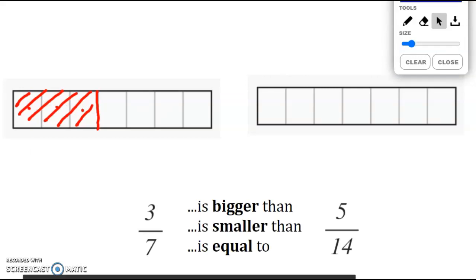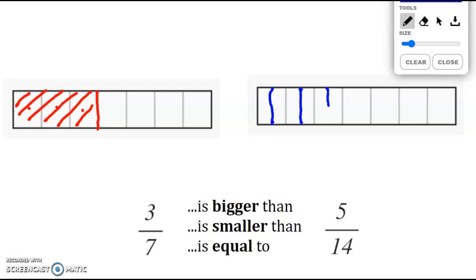To figure out what 5/14 looks like, I need to divide this into 14 parts. That means I have 7 parts. That's not enough. I need 14 parts. That means I can divide each of these parts into halves. And that means I have 5 of the 14 parts.